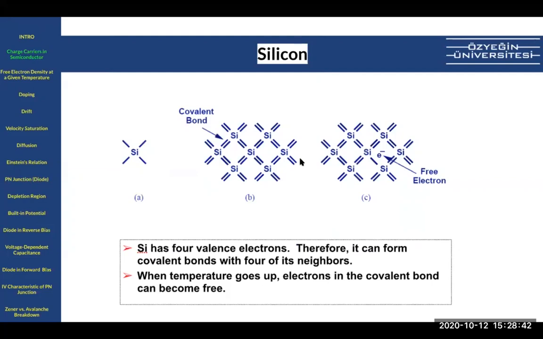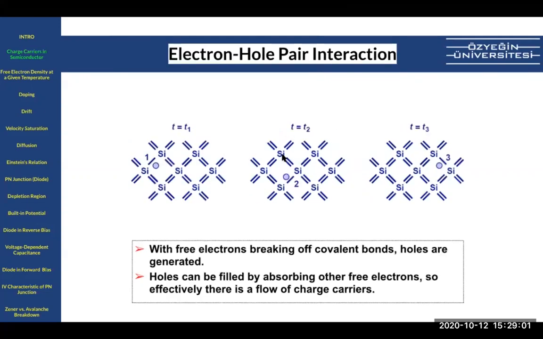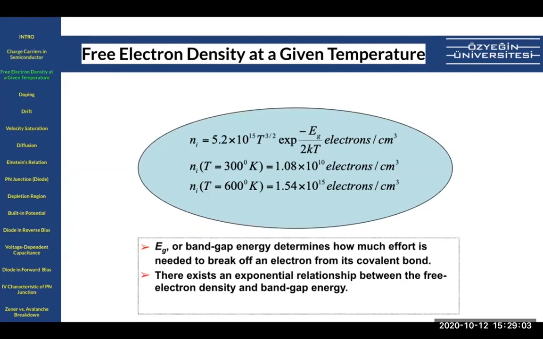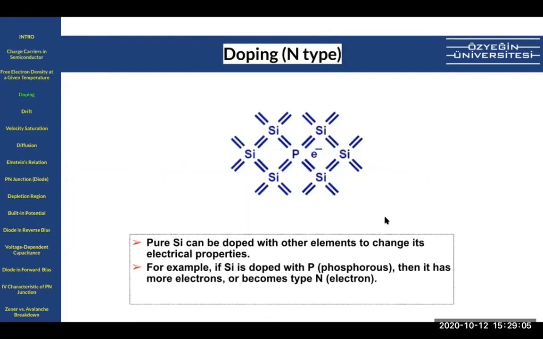Okay, so you remember from chemistry how covalent bonds form. This is a silicon structure, a silicon crystal, and the atoms bond with each other. And if this silicon bonds with something else, for instance with phosphorus, there is an electron available outside.